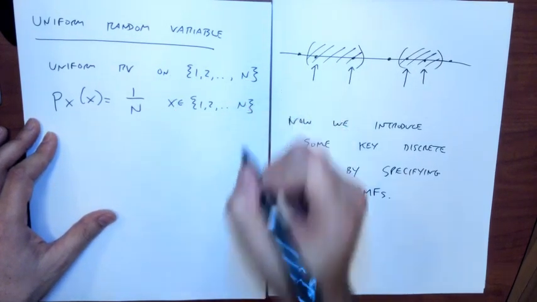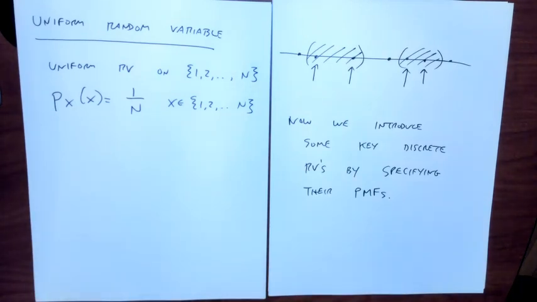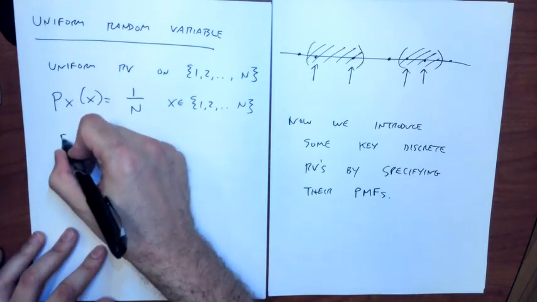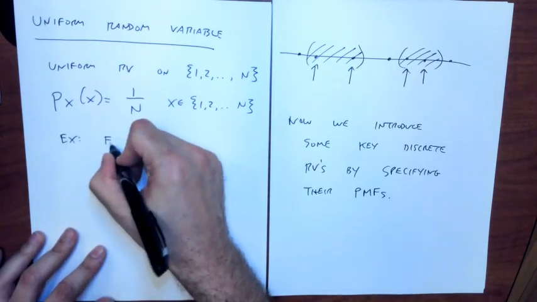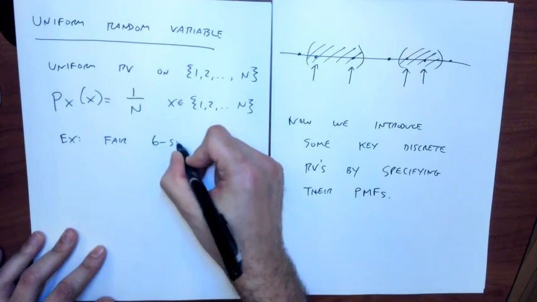This is exactly like rolling a 6-sided die, where the possible outcomes are 1, 2, 3, 4, 5, 6, and the probability of each of those is 1 over 6. So this is exactly like a fair 6-sided die.